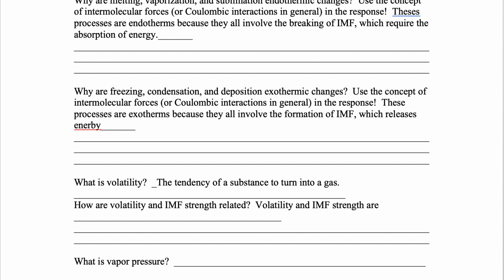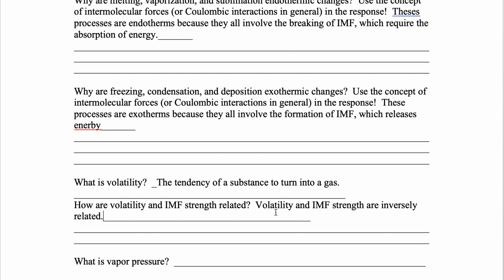They're either directly related or inversely related. So volatility is the tendency to turn into a gas. Turning into a gas involves the breaking of IMFs. So substances with strong IMFs are more difficult to turn into a gas. So volatility and IMF strength are inversely related.